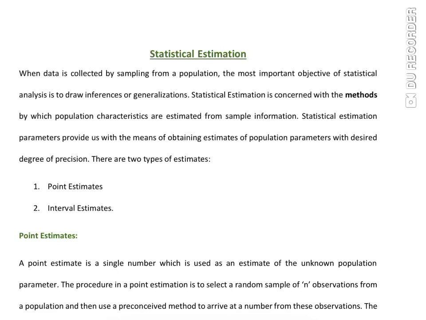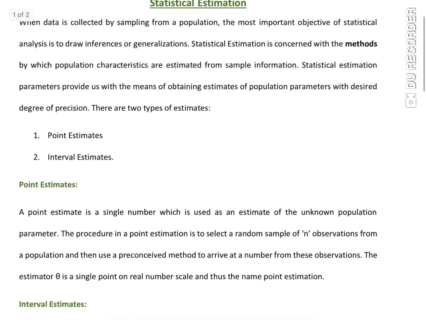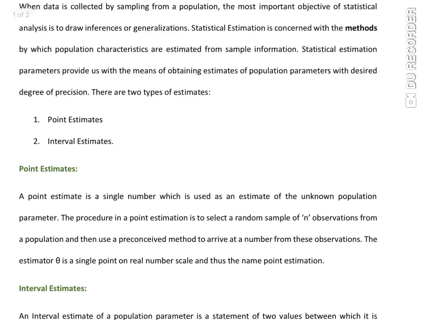To measure the central tendency of data, we have used mean, median and mode based on the types of data. So the methods are called statistical estimation. Statistical estimation provides us with the means of obtaining estimates of population parameters with desired degree of precision.